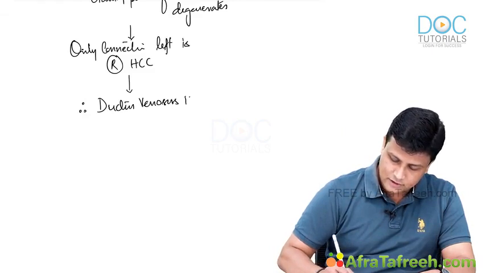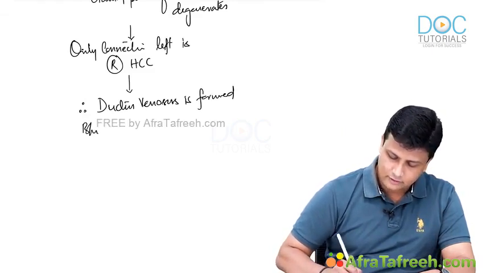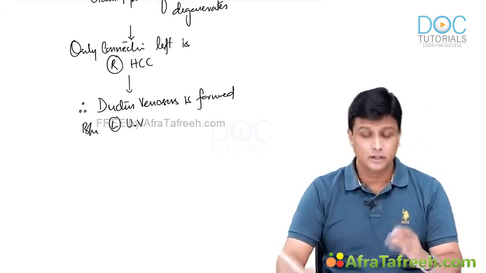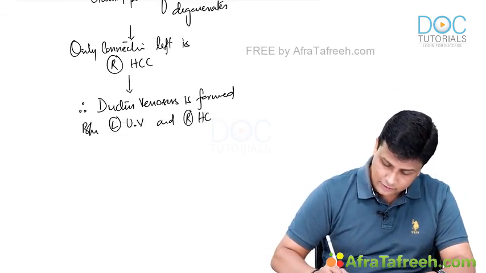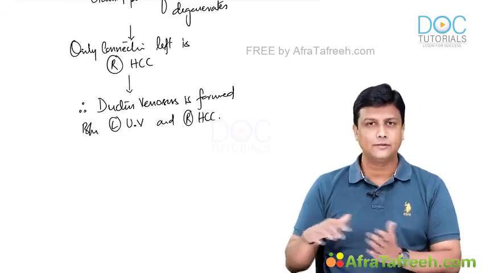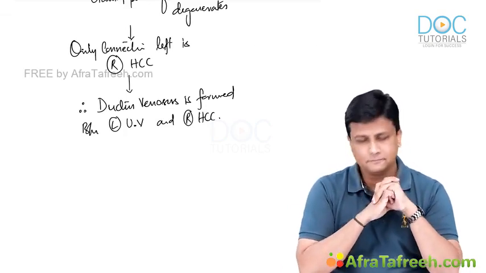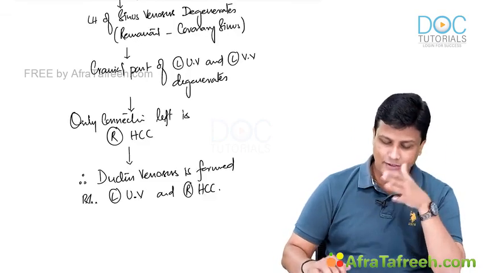The ductus venosus is formed between the left umbilical vein, which is bringing the oxygenated blood from the mother, and the right hepatocardiac channel. Definitely. Why? Because you need to divert the blood and supply it to the developing fetus. It makes sense. And that's the reason, my dear friends, recall, that all this is happening before the birth.